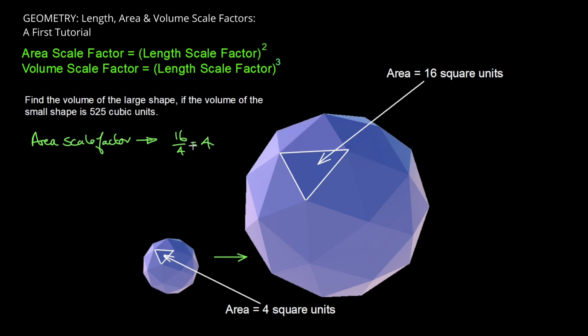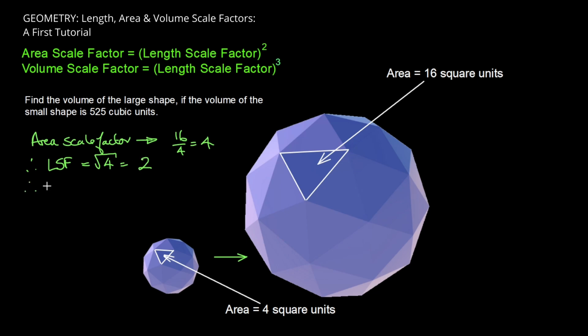Now that we've found the area scale factor, we can go back and find the length scale factor by simply square rooting the area scale factor. So the length scale factor, LSF, must be equal to the square root of 4, which is equal to 2. Right, we now know the value of the most important thing, which is the length scale factor, and it's 2.